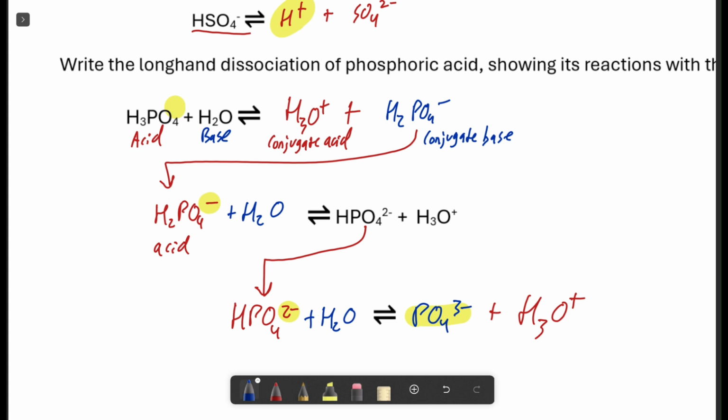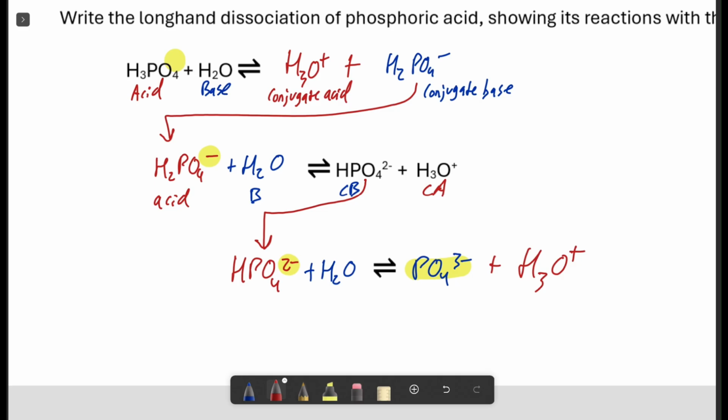It can be a lot to label these, acid, base, all that. So I'm just going to say A and B. And how can I abbreviate conjugate base? CB. And H3O positive is going to be CA. Canada.